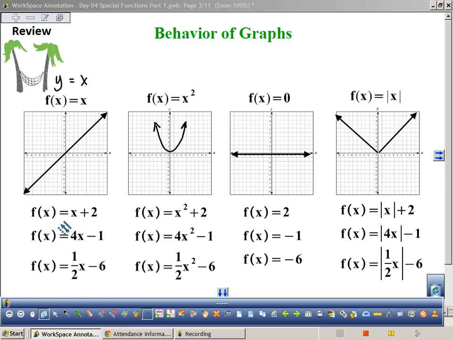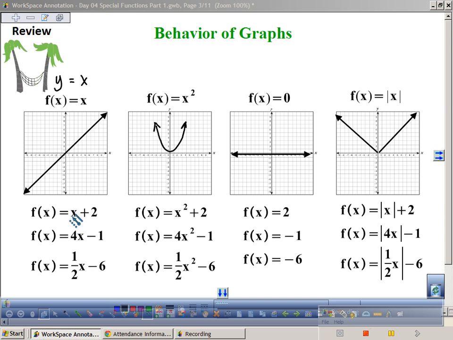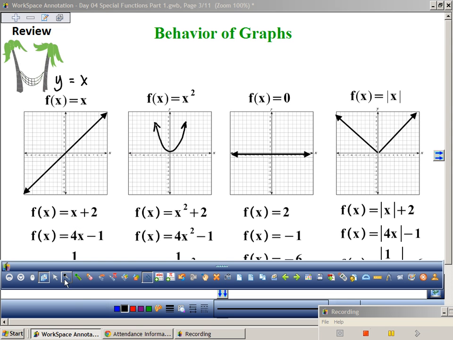Okay, now let's talk about if I add anything to the equation, how that affects the equation. So f of x equals x plus 2. What color do we want to make this one? Let's make it green. So now this is a rough sketch, okay? All these are going to be sketches.